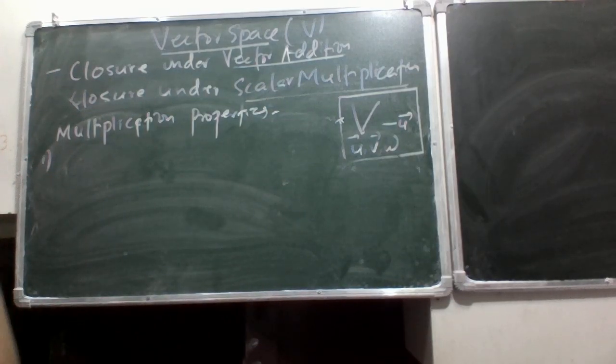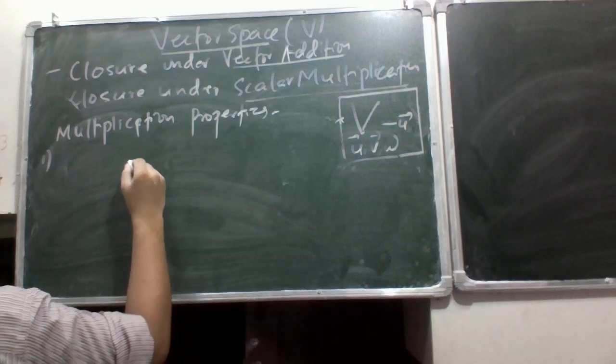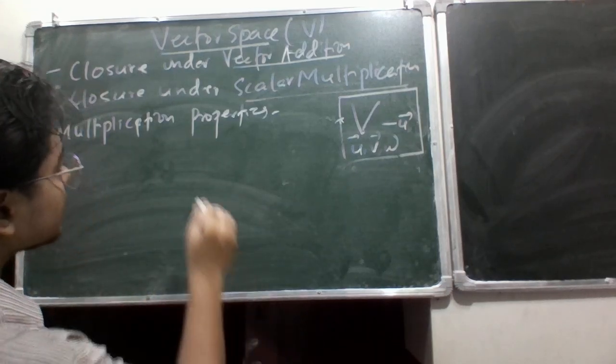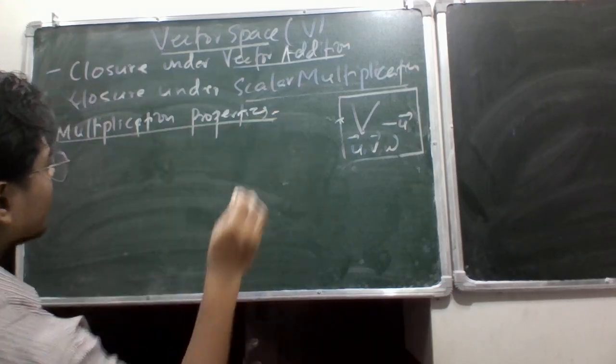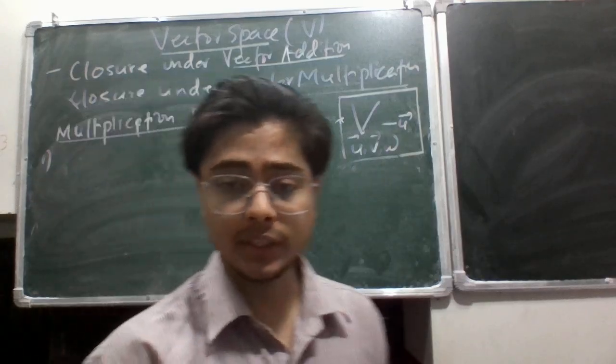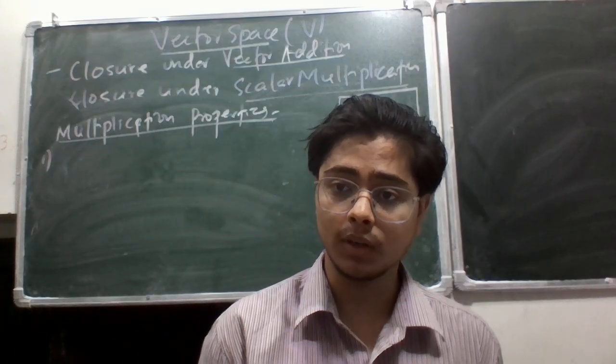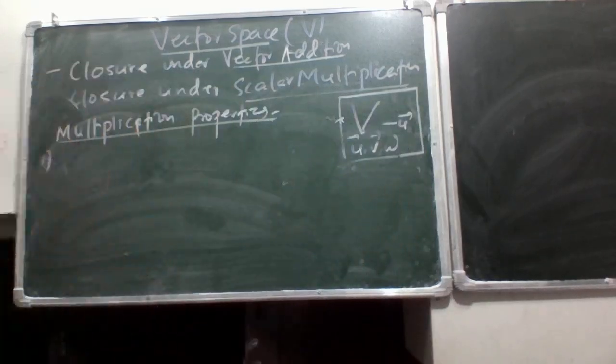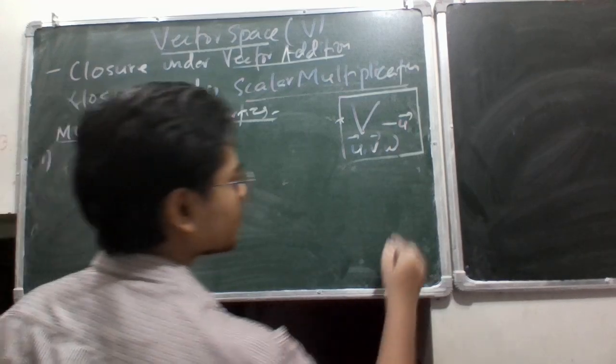First one, let's suppose we have a u. Now again, remember that even when we are saying it's a multiplication property, we just mean it's a scalar multiple. Okay, scalar multiplication.